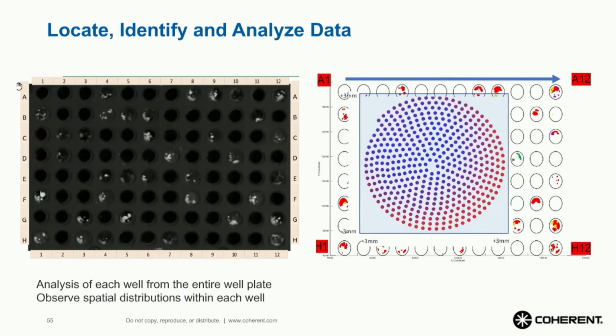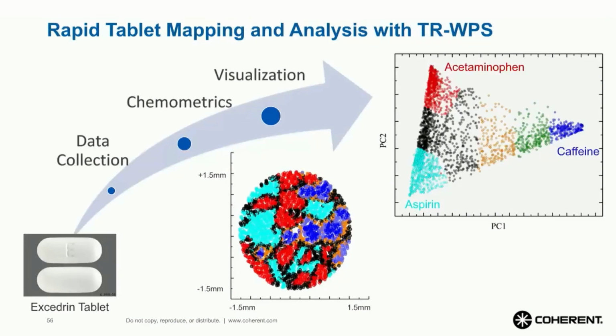And then you can even zoom into a specific portion of the well and see what sort of distribution might be present within that well, and be able to get all the data from that at one time.